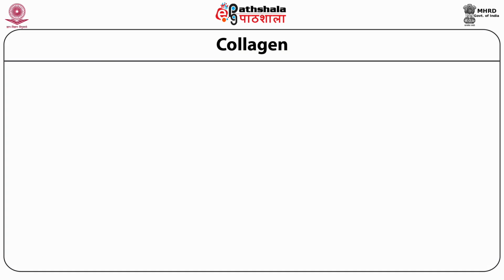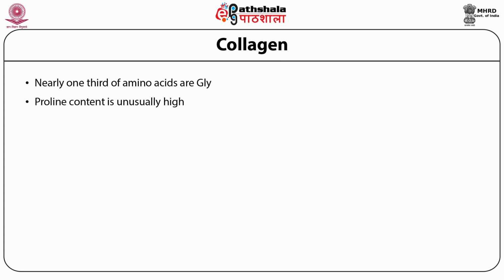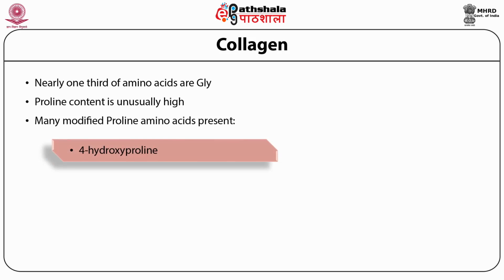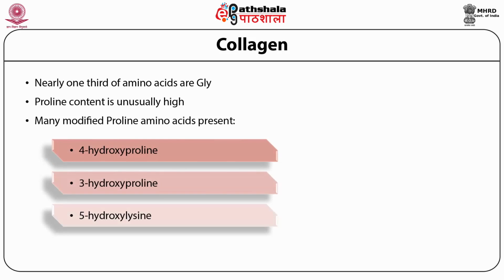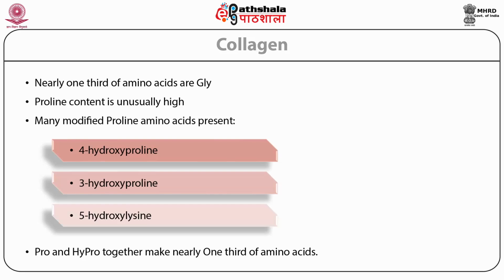In collagen, nearly one-third of amino acids are glycines. Almost every third residue is glycine. Proline and hydroxyproline together form another one-third, and the rest could be other residues. But many prolines are modified, like 4-hydroxyproline, 3-hydroxyproline, or 5-hydroxyproline. Proline and hydroxyproline together make up nearly one-third of the amino acids.